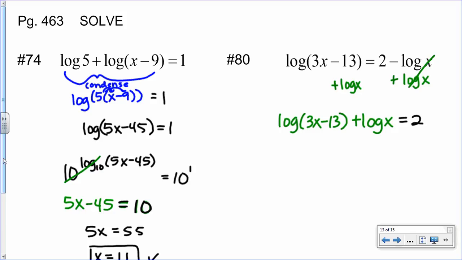And now on the left, I can condense those like I did on the last problem. So condense by multiplying. I'm going to put the x out front so it's easier to distribute.